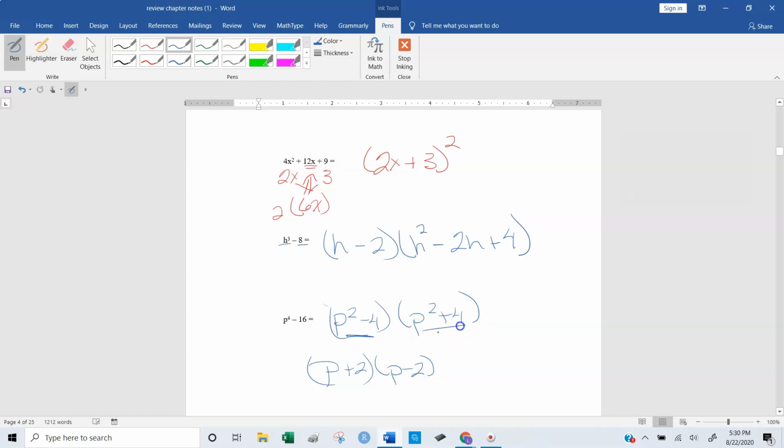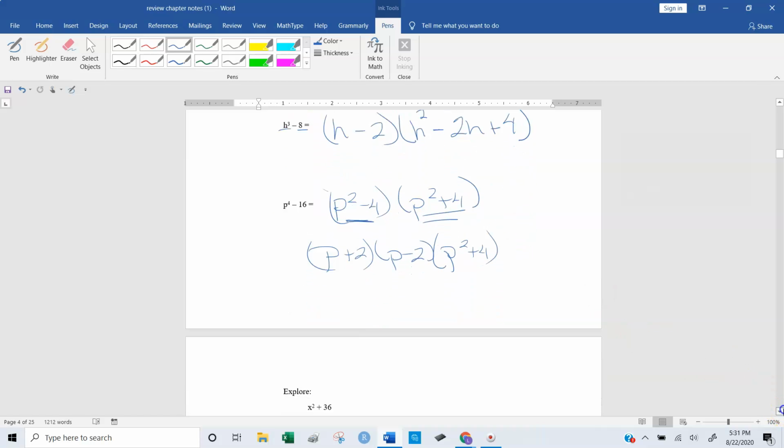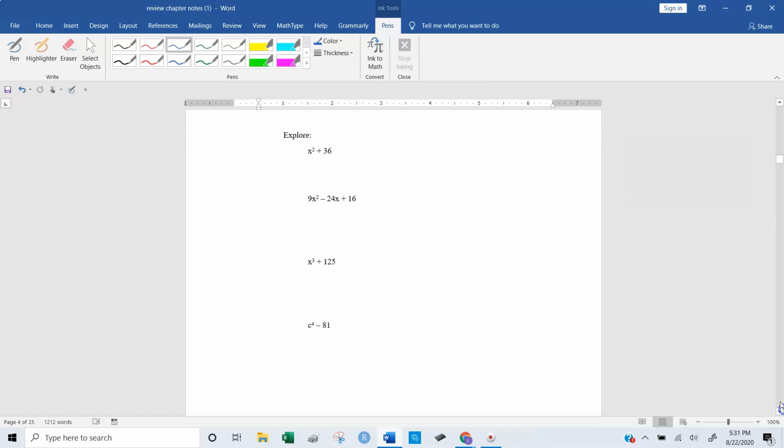But now I can't factor this one because it's not subtraction. That's actually prime by itself. So that's just p squared plus 4, and you are done at that point. Okay, pause and try yours, and let's see how you do. Okay, I hope you were listening because this is not subtraction, which means this one is prime.